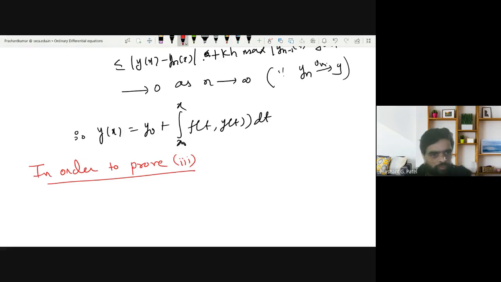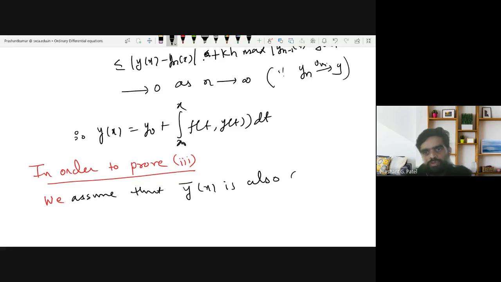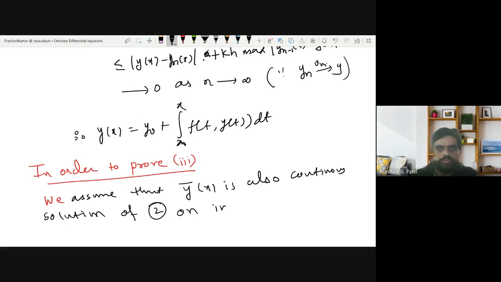So we may assume that y bar of x is also a continuous solution of 2 on the interval mod of x minus x0 less than or equal to h.